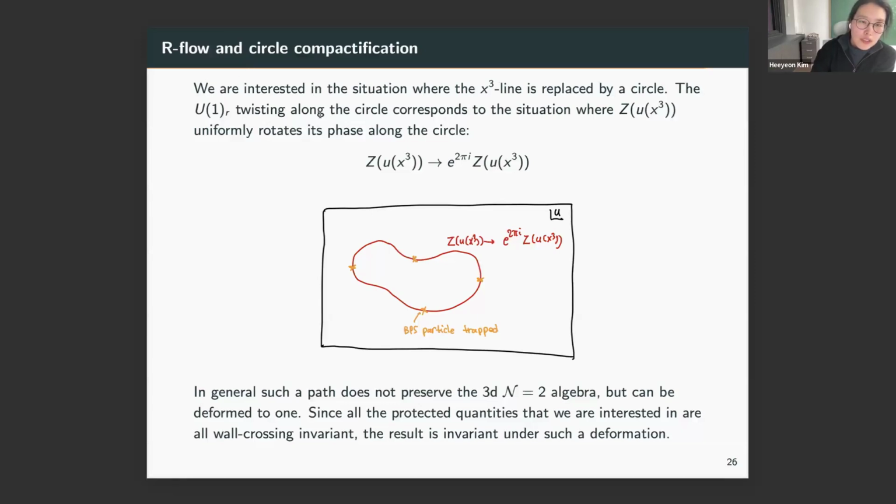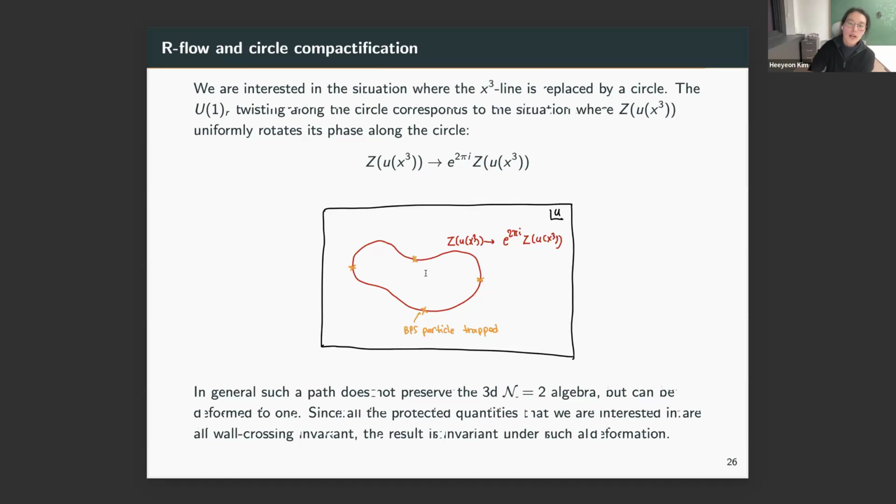And the U(1)_R twisting along the circle, which corresponds to performing an extra 2π rotation of the U(1)_R symmetry, corresponds to the situation where the central charge uniformly rotates its phase along the circle like this.